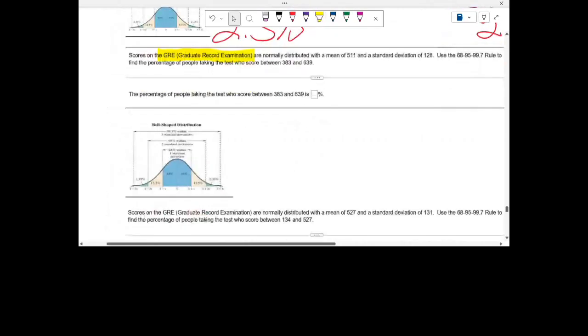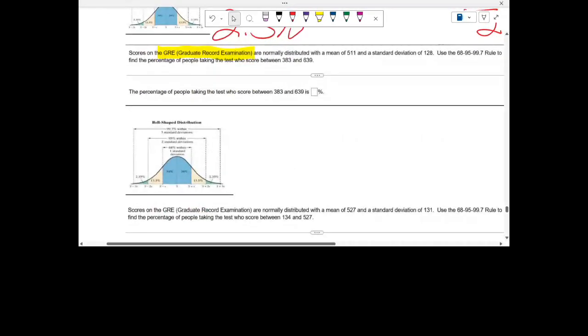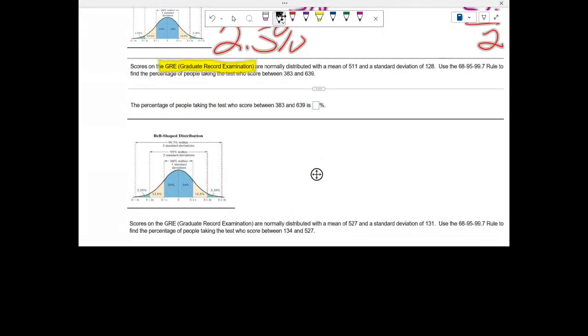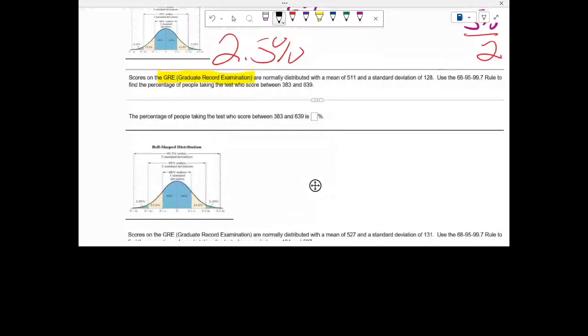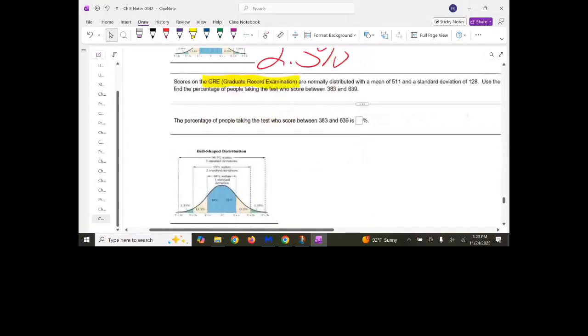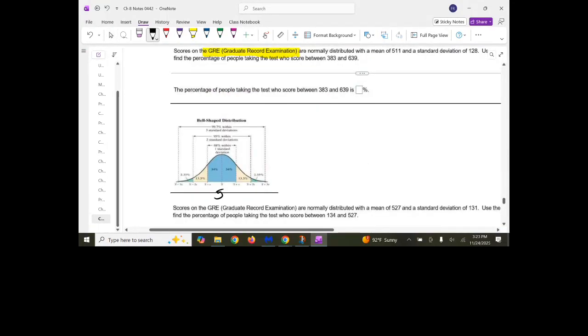It says scores on the GRE are normally distributed with a mean, or an average, of 511. First thing I'm going to do is come down here to my chart and write the number 511.